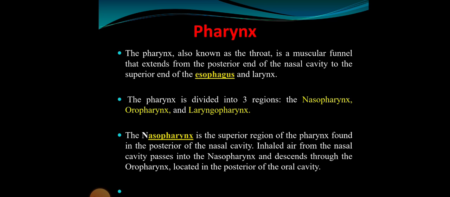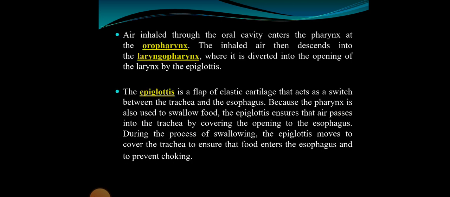The nasopharynx is the superior region of the pharynx found in the posterior of the nasal cavity. The inhaled air from the nasal cavity passes into the nasopharynx and descends through the oropharynx, located in the posterior of the oral cavity. The air inhaled through the oral cavity enters the pharynx at the oropharynx.